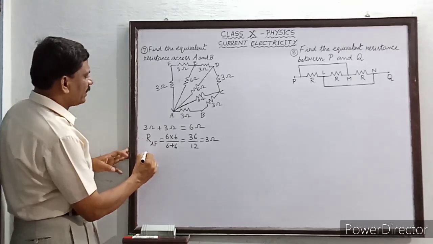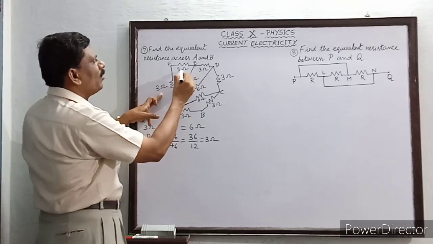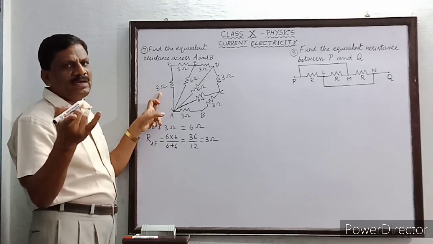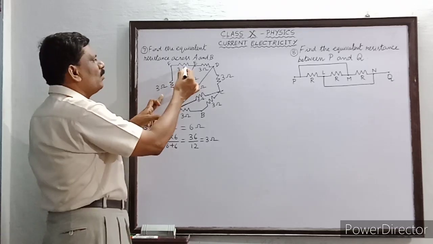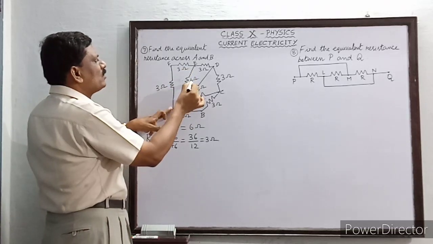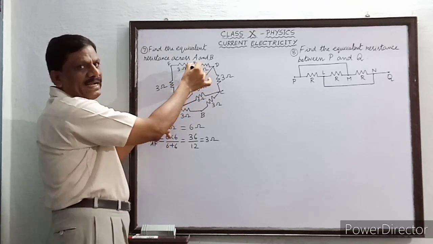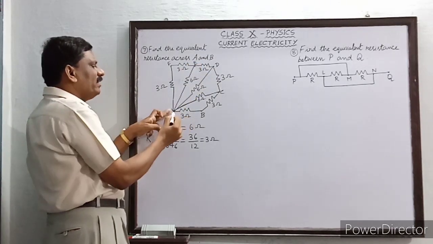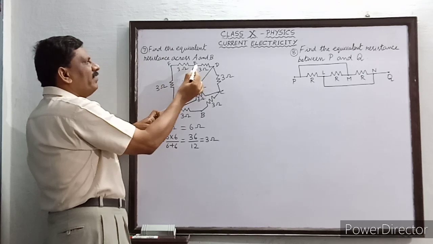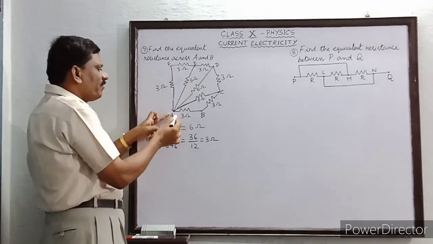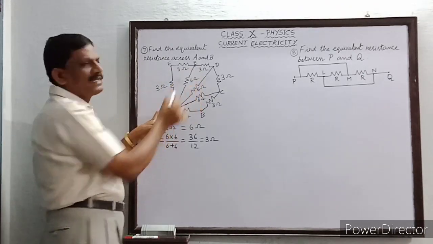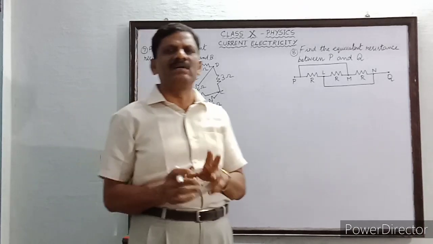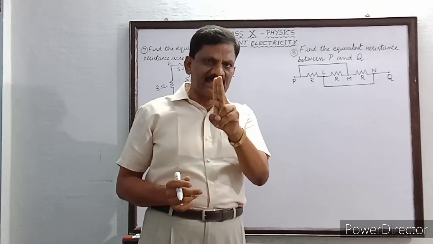So 3 ohm plus 3 ohm is equal to 6 ohm again. Another 6 ohm is already connected between A and E. So between A and E, if you come through AF and FE, 3 plus 3 is 6 ohm. If you directly come from A to E, there is another 6 ohm. So it is a combination of two resistors of 6 ohm each.